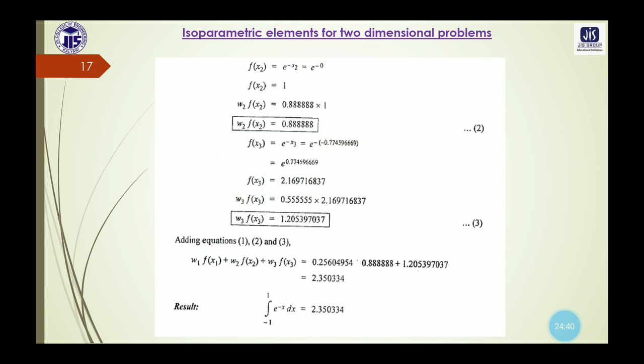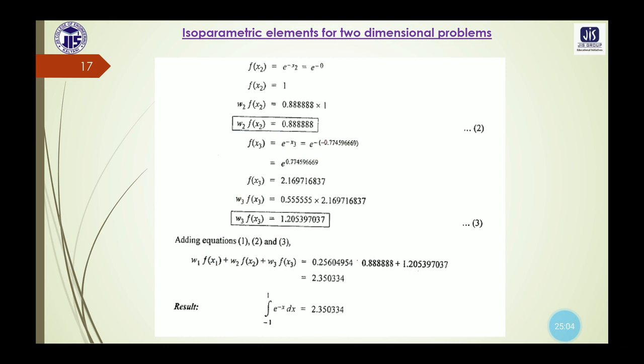Next, the value of fx3 is e to the power minus x3, that means e to the power 0.77459, which is coming as 2.16971. So the value of w3 into fx3 is coming as 1.20539. So this is our equation number 3.